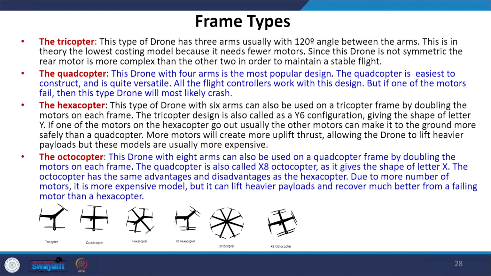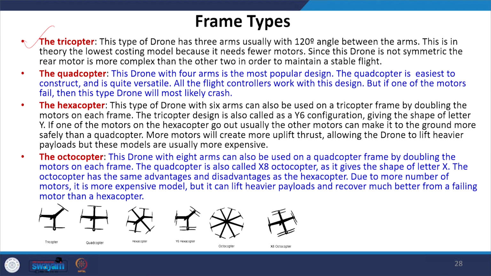When we are talking of multicopters, we have a tricopter which will have 3 arms, usually at a 120-degree angle between the arms. And since the drone is not symmetric, the rear motor is more complex than the other two, which I will explain in order to maintain a stable flight.